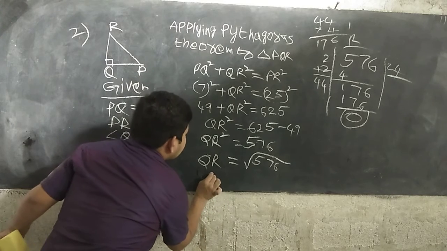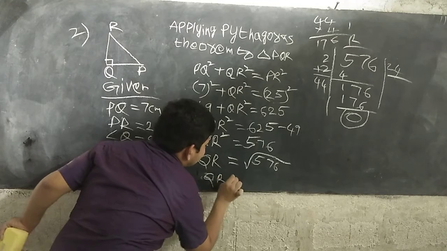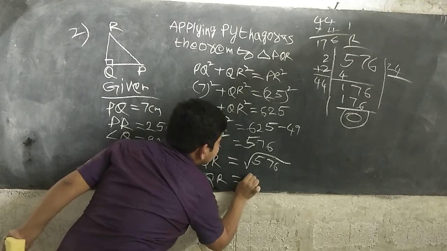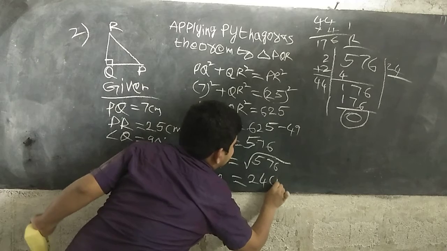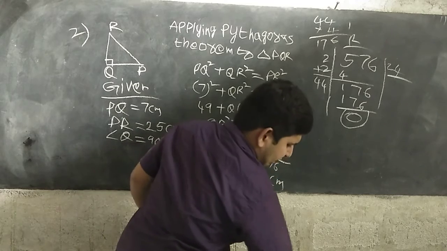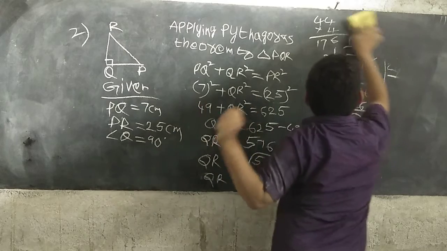QR equal to 24 centimeters. Okay? Now, 24 centimeters completed.